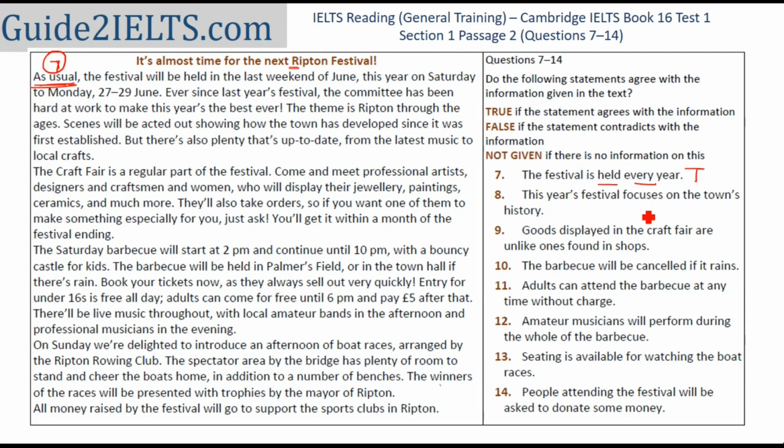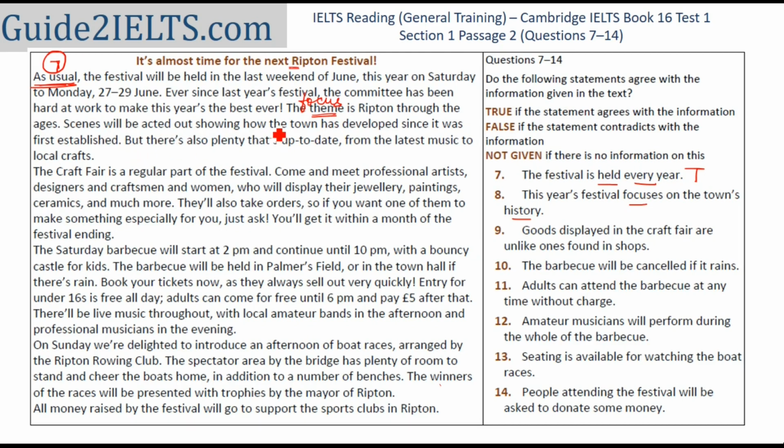This year's festival focuses on the town's history. There are two keywords I have here, focus and history. What is the focus of the festival and is it the town's history? Let's start. Ever since last year's festival, the committee has been hard at work. The theme, so I'm assuming the theme would be the focus, is Ripton through the ages.